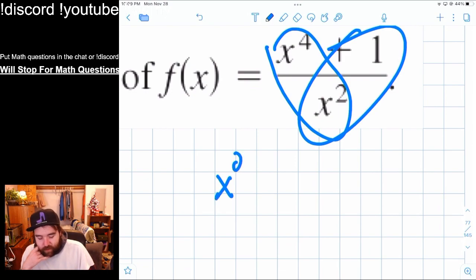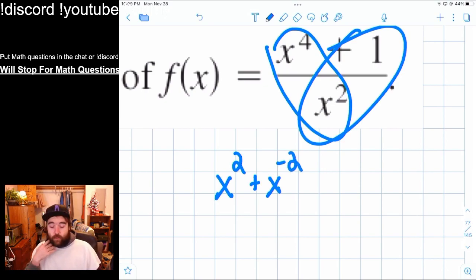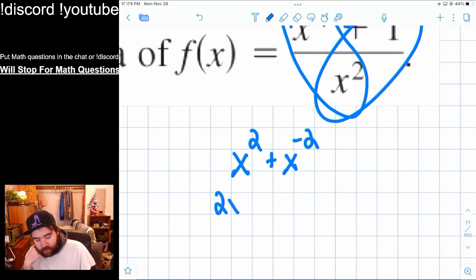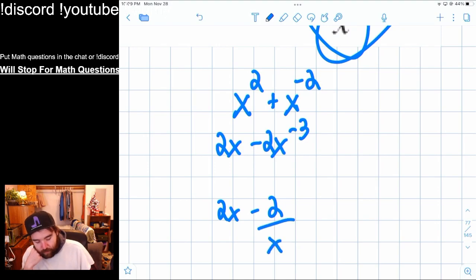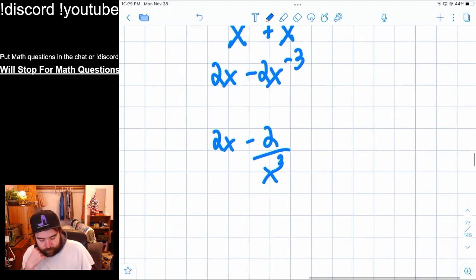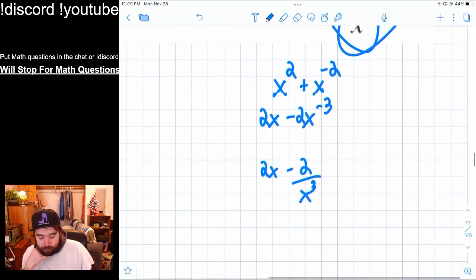So you could say that this is equal to x squared plus x to the -2, right? So now to take the derivative, you just have to use the power rule. That gives -2x to the -3. So 2x minus 2 over x cubed.